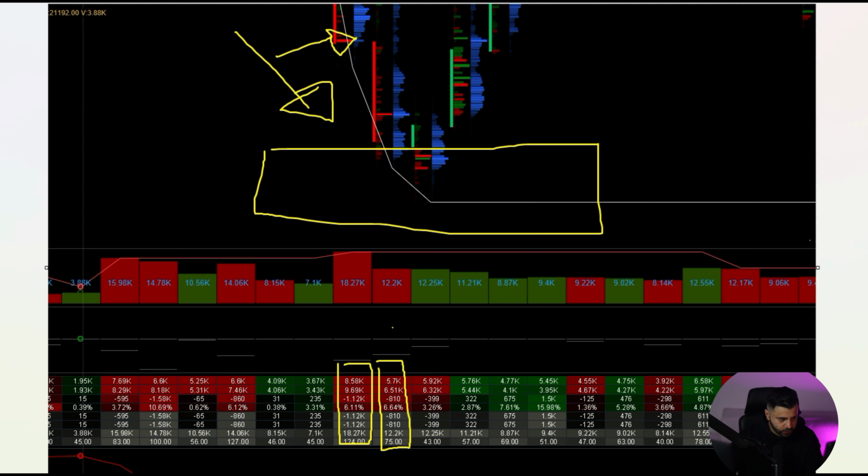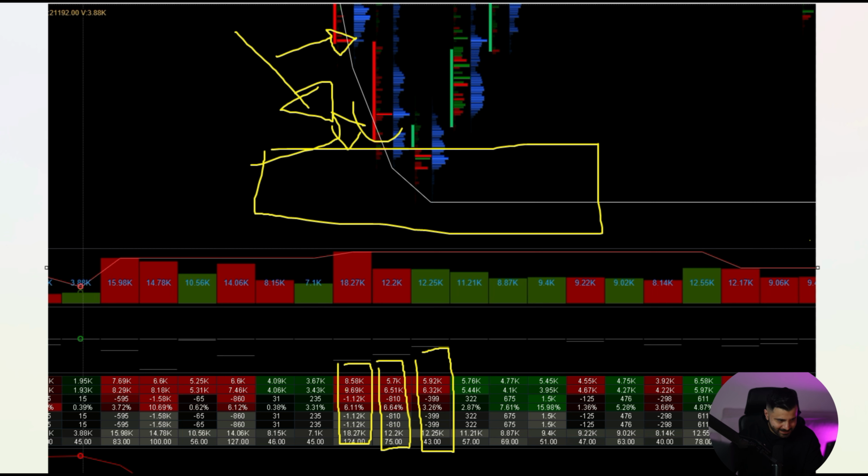Okay, we also have 810 negative delta on this candle, you can see, and then the subsequent candle, the third candle, we have, look at the statistics, guys. All right, we have 399 negative delta. So even from just looking at the statistics alone, you can see that this move is getting weaker.